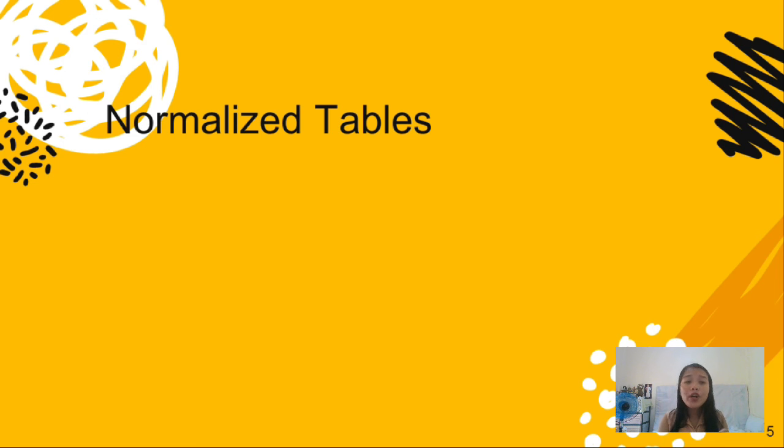One or more of these anomalies will exist in tables that are not normalized to the third normal form or 3NF level. These anomalies are caused by structural problems within tables known as repeating groups, partial dependencies, and transitive dependencies.